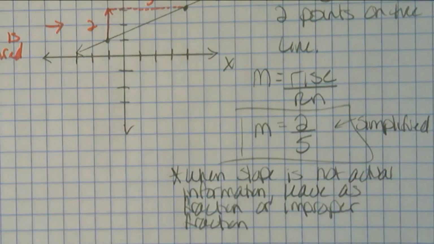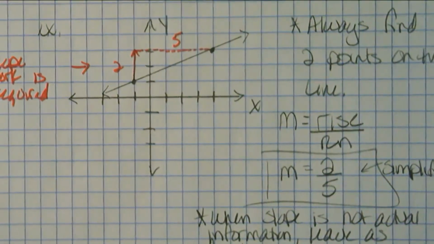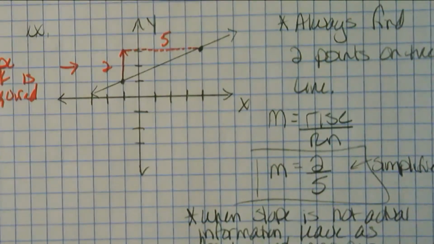Yes? You would turn it into a unit rate, like the rate of change. Yep, so if it's actual info, you're going to do the division and turn it into a rate of change. Yes, Nick? Okay, so do I have any units on these? Is this like feet or inches or hours or minutes or anything?